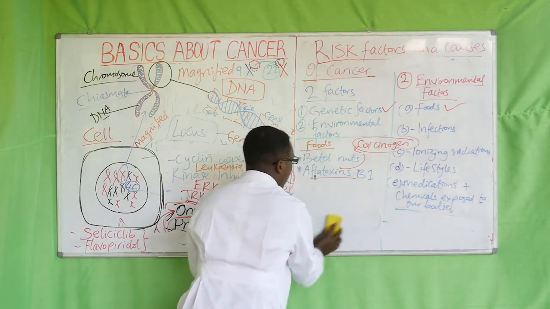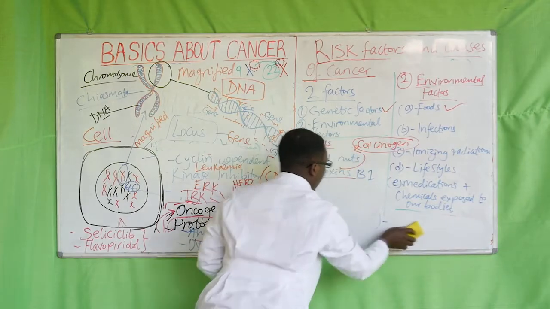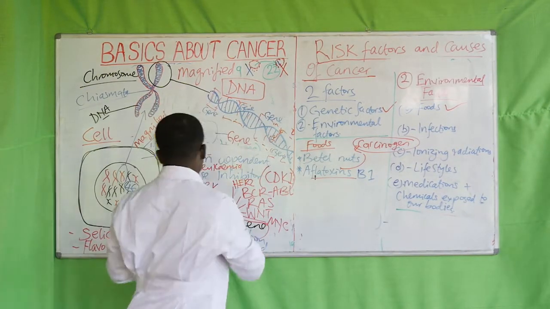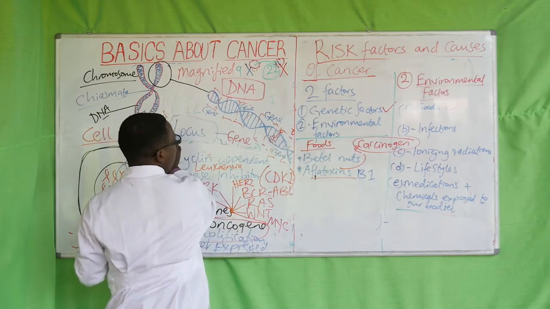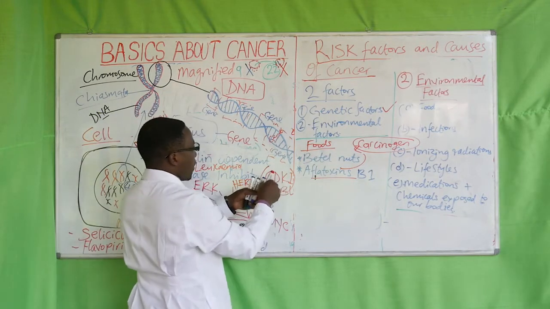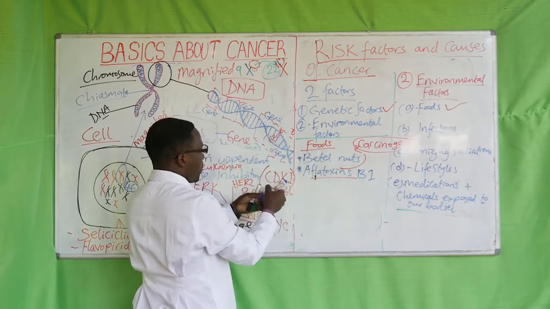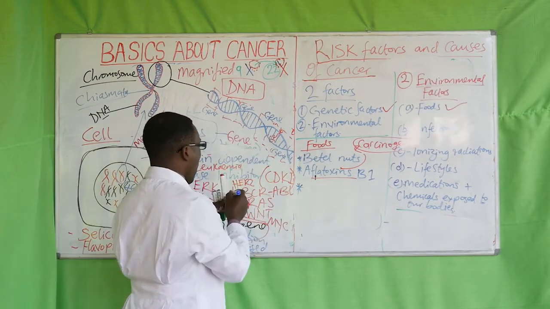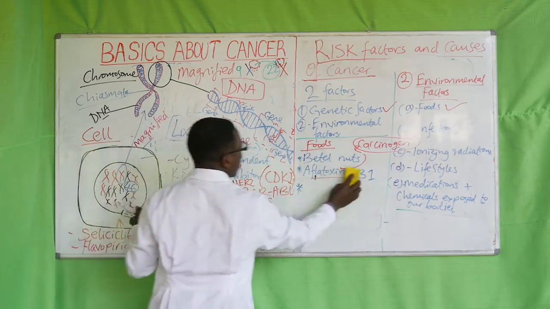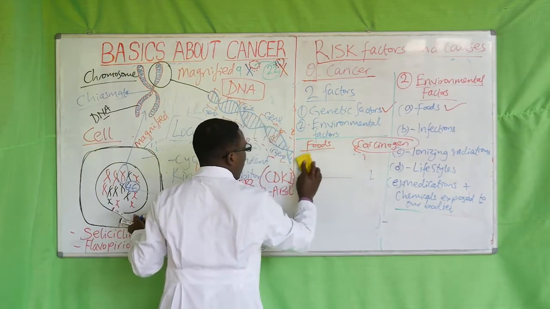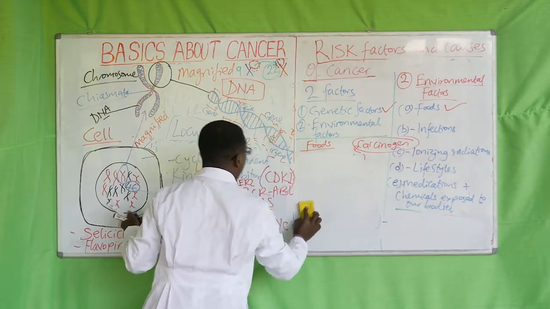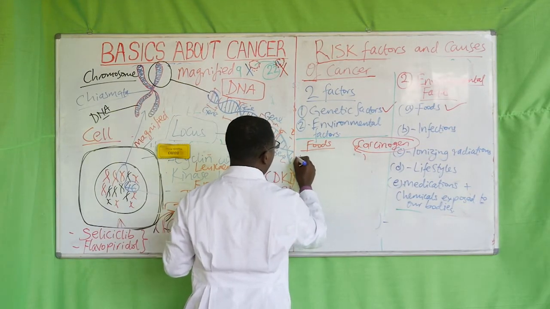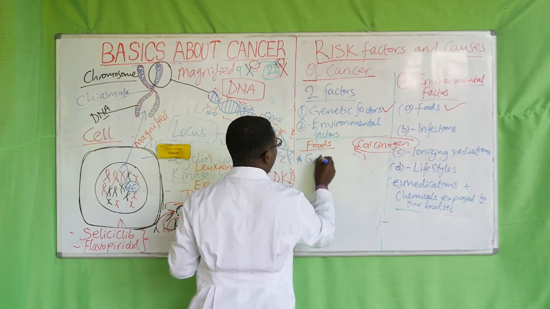So I hope you can see, under our foods, we already have chemicals. We are done with the alcohol, we are done with the aflatoxins. Allow me to keep on adding on. So, still, we have grilled meats.